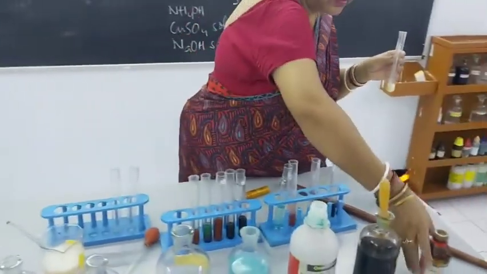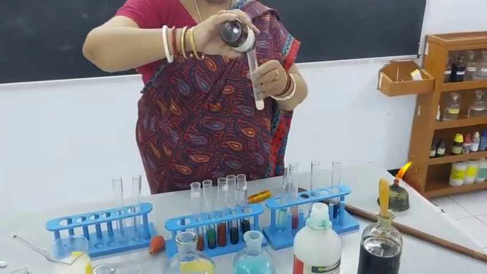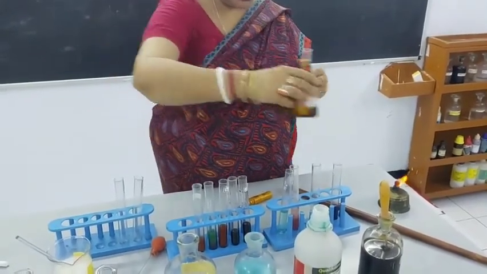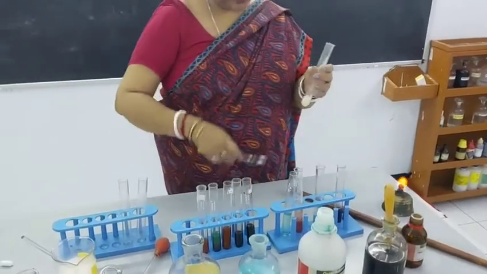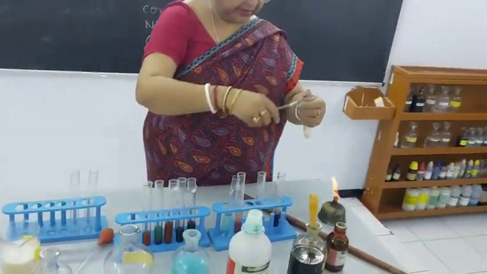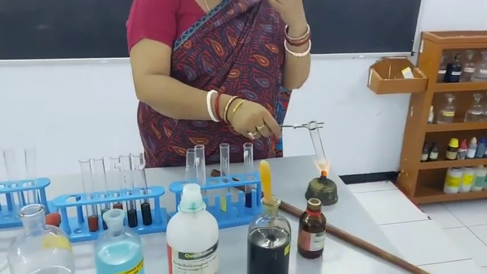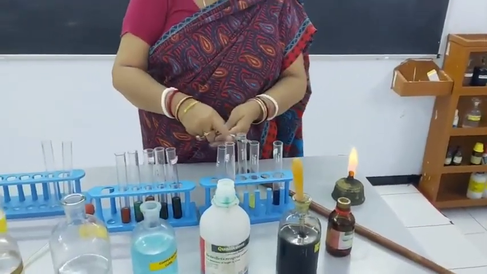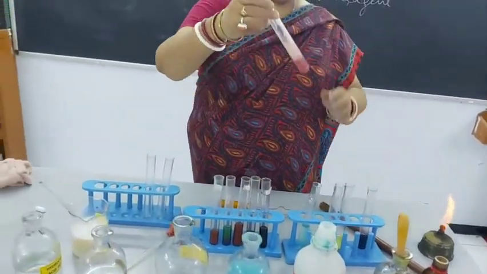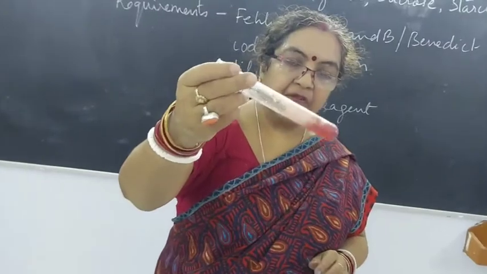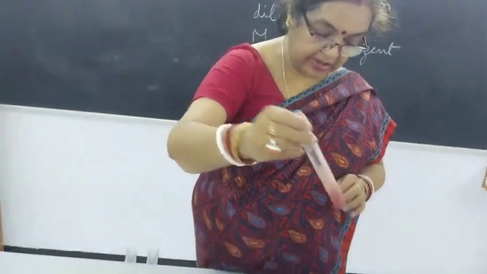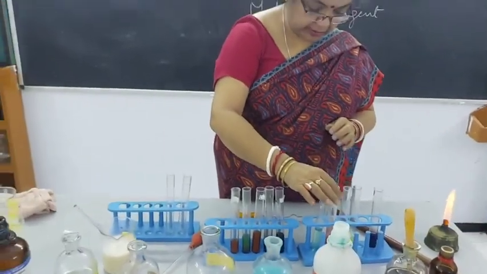I will add Millon's reagent to this and then again it has to be heated. So you can see the white color will change, and after heating you will get this type of result. There is a brick red color floating precipitate you can see. So this is a sure test for proteins.